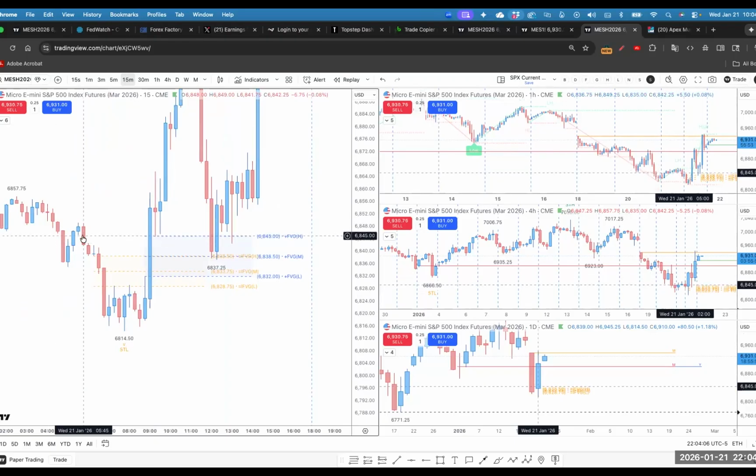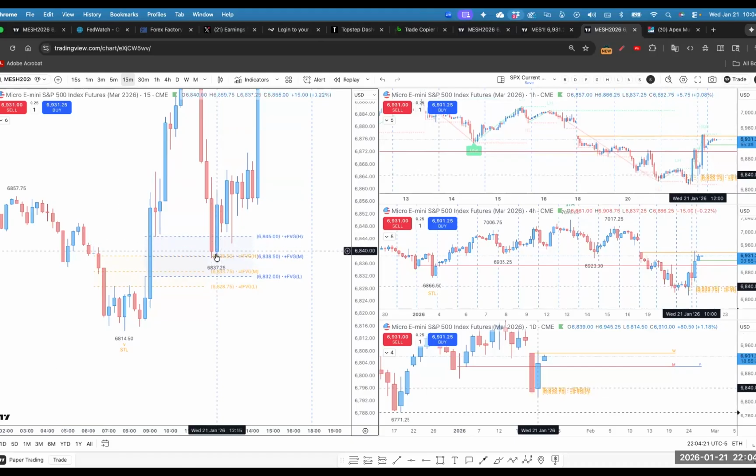And so once you get the fair value gap, you're waiting for the price to come back into that area, and you're going to take your trade from there. You're putting your entry somewhere between the middle and the high.